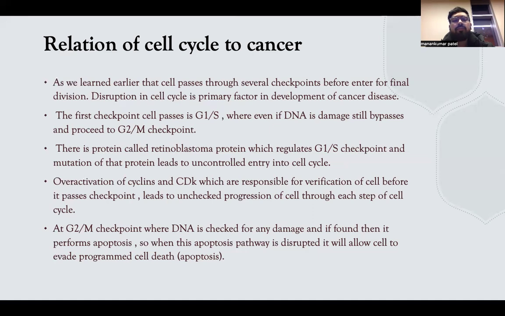At the G2/M checkpoint, DNA is checked for any damage, and if found, the cell performs apoptosis. So when this apoptosis pathway is disrupted, it will allow the cell to evade programmed cell death.